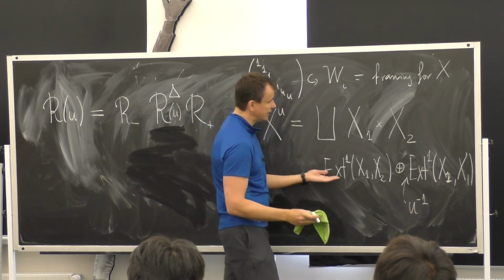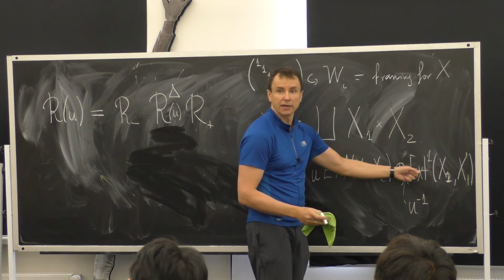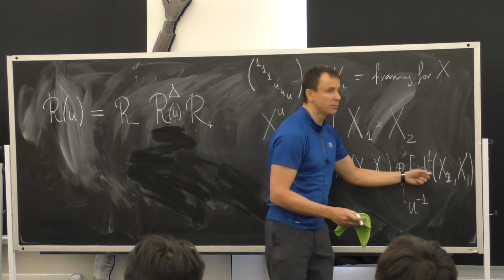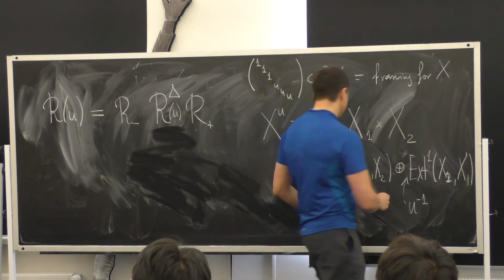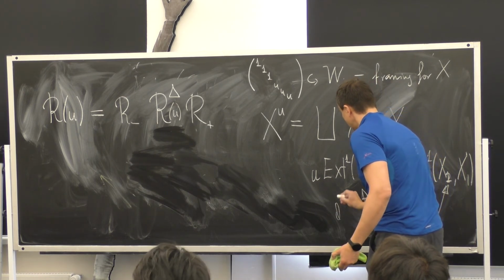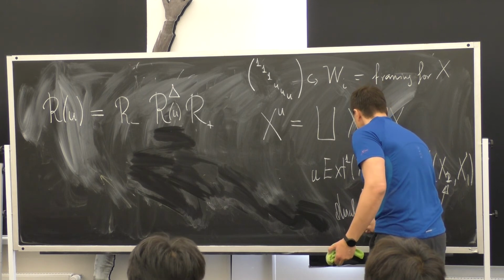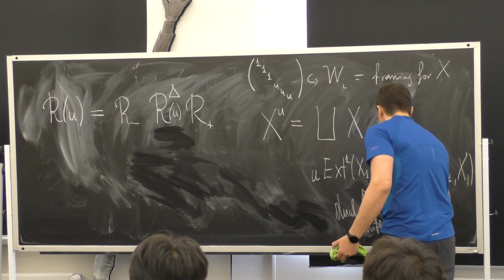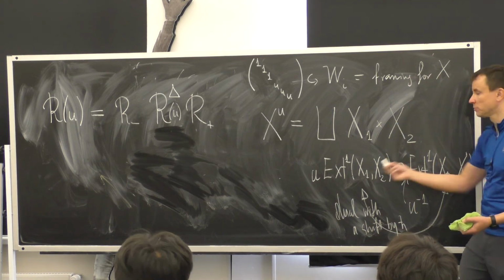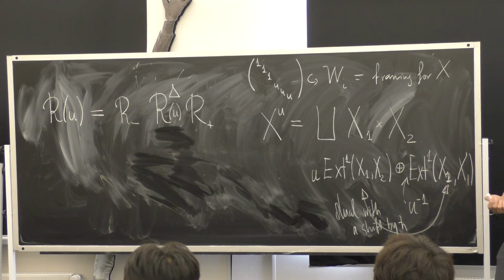This guy here, in cohomology, is going to act by the ratio of the characters of these spaces. These spaces are dual with the shift by h bar, because the symplectic form gives you duality between these two spaces, but the symplectic form itself has the weight h bar.